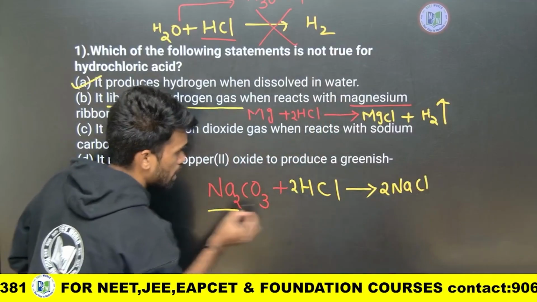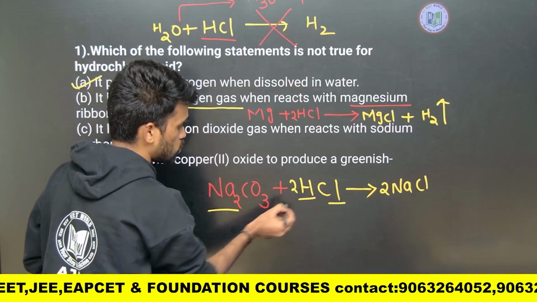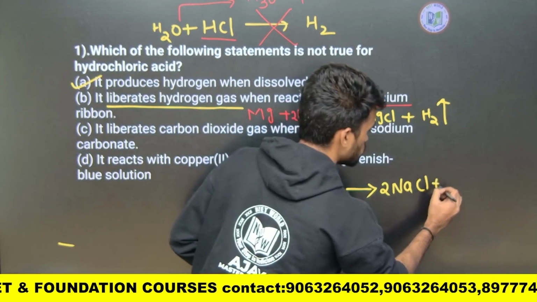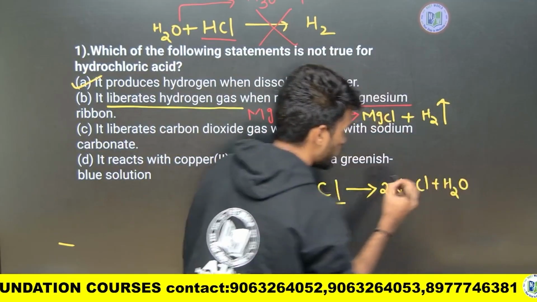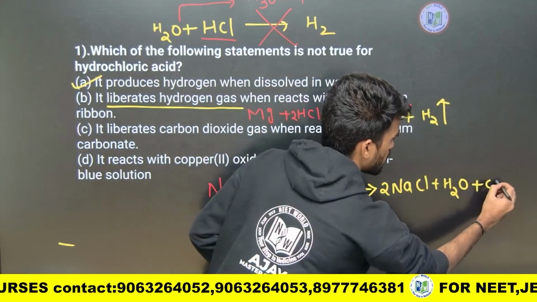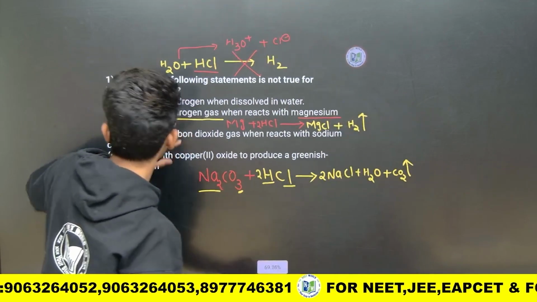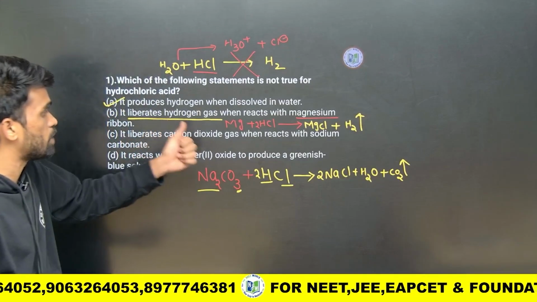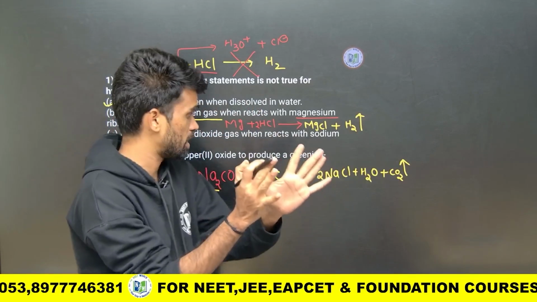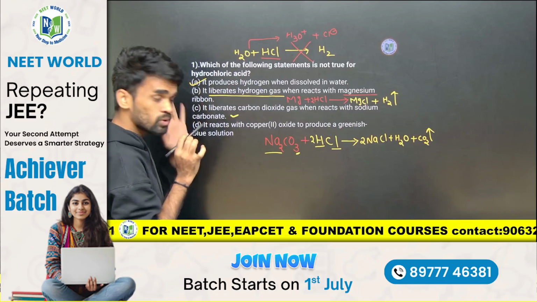This sodium and this chloride ions will combine to form 2 NaCl, and 2 hydrogens and 1 oxygen, which form H2O, and the remaining product is what? C, carbon, and 2 oxygens. So CO2 gas is evolved during this process. So option C, it liberates carbon dioxide gas when reacting with sodium carbonate, is perfectly correct. So the incorrect one is only option A.